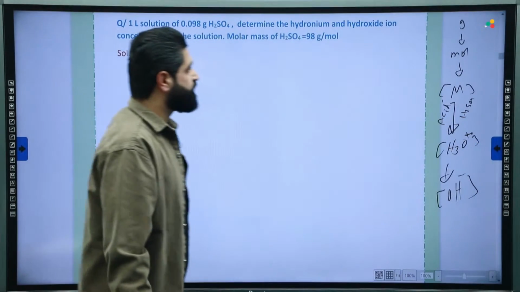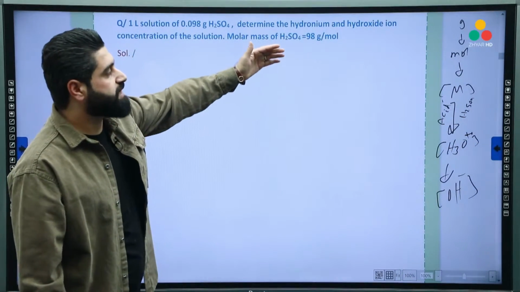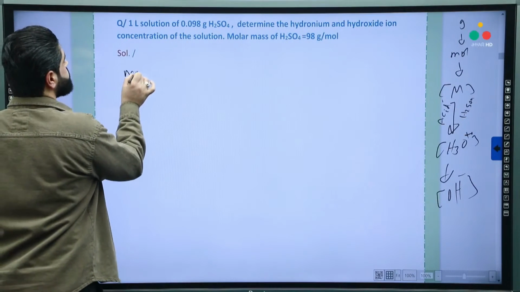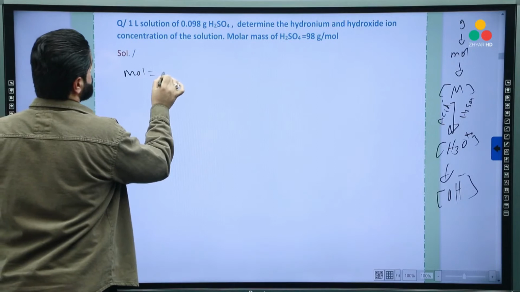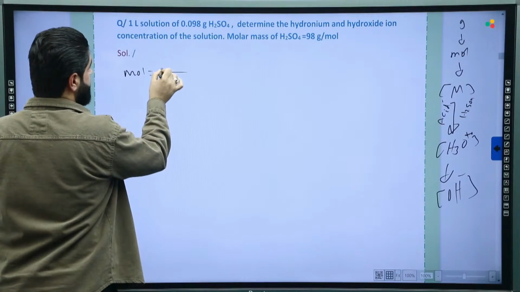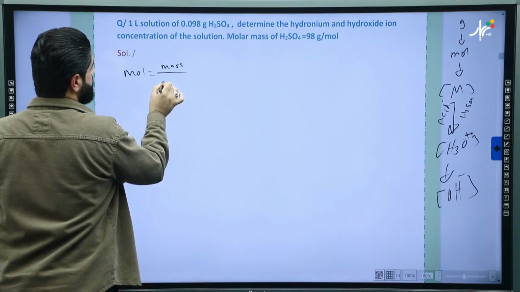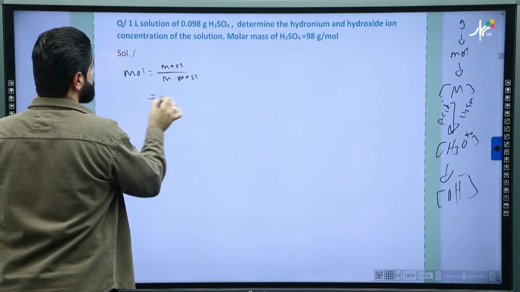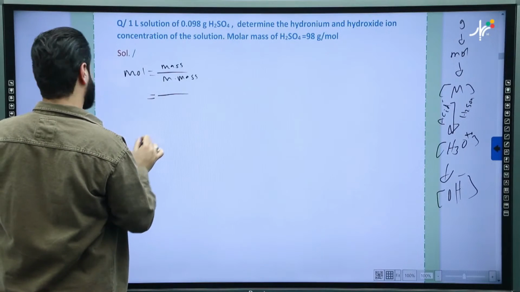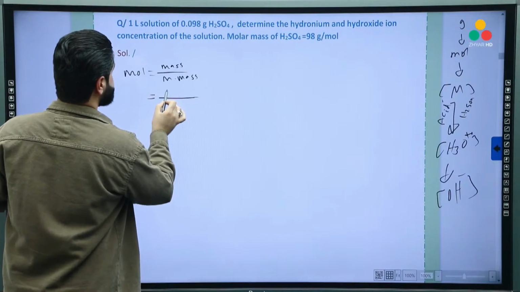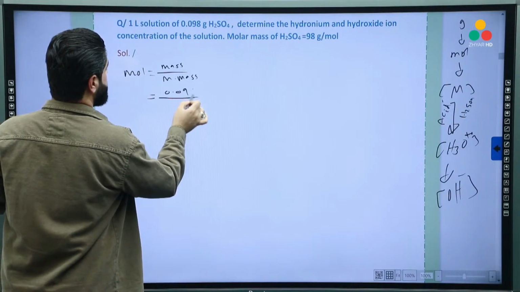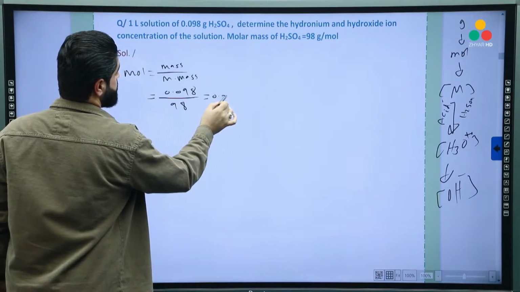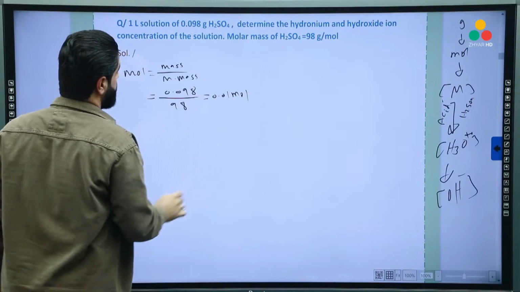Let's start. The first step is changing grams into number of moles. Mole equals mass over molar mass, so 0.098 divided by 98 equals 0.01 mole.